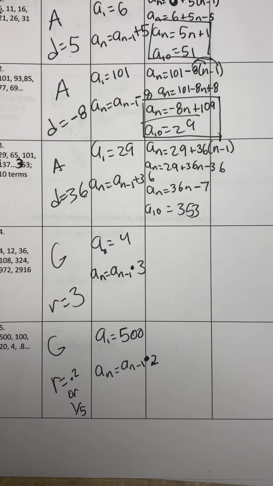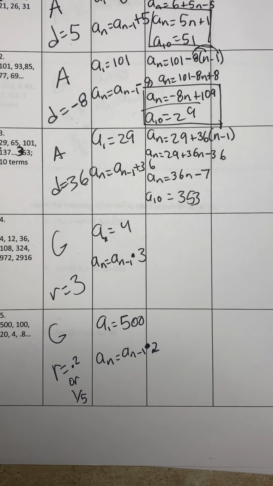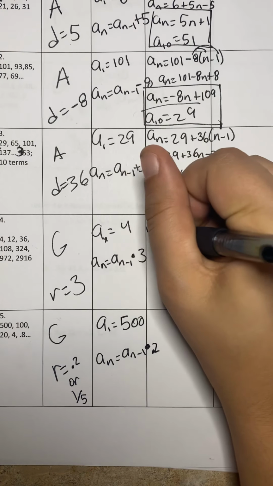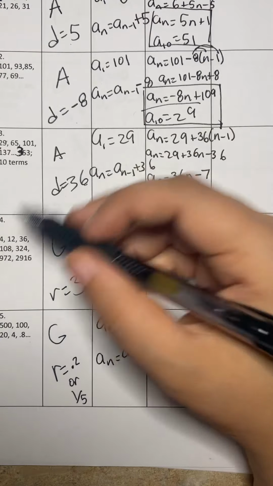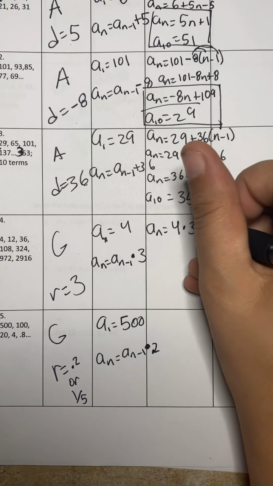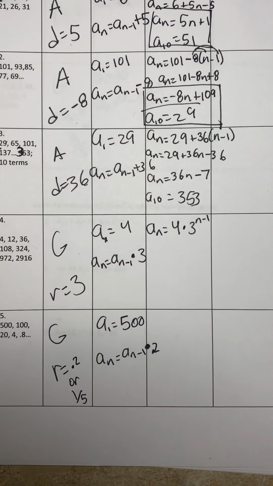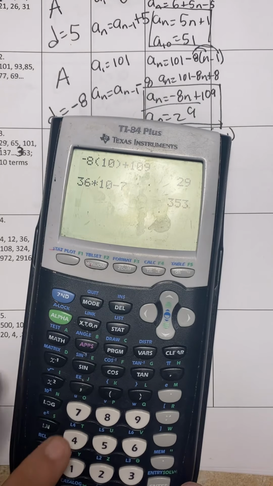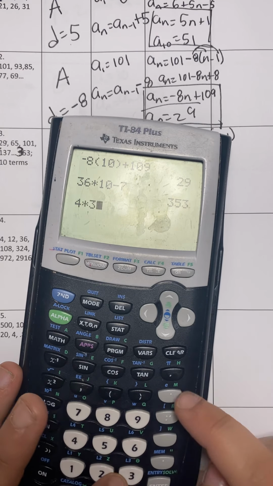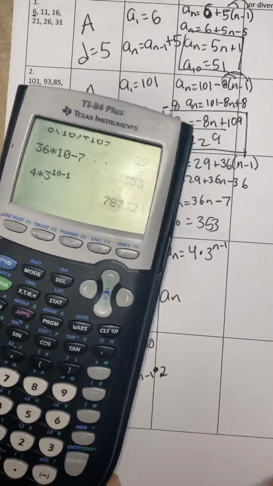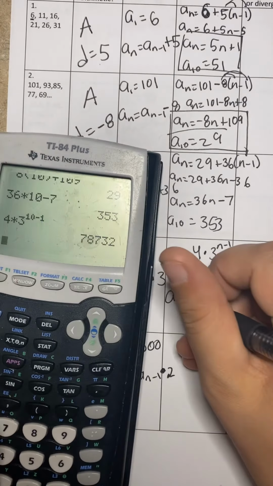And then number 4 is geometric. So this one's different. With geometric, our explicit equation is a sub n equals our first term, so 4, times our ratio, which is 3 to the n minus 1 power. So to get our 10th term, we would do 4 times 3 to the 10 minus 1 power, which gives me 78,732.